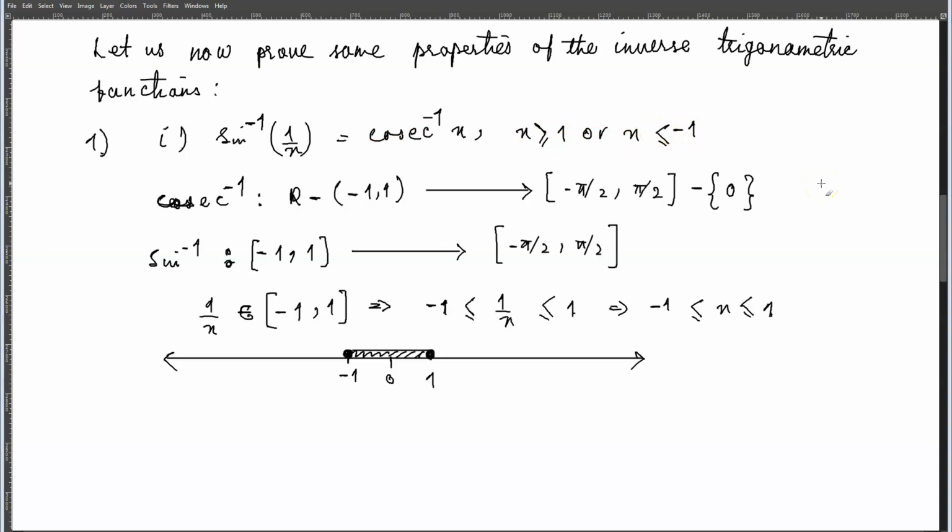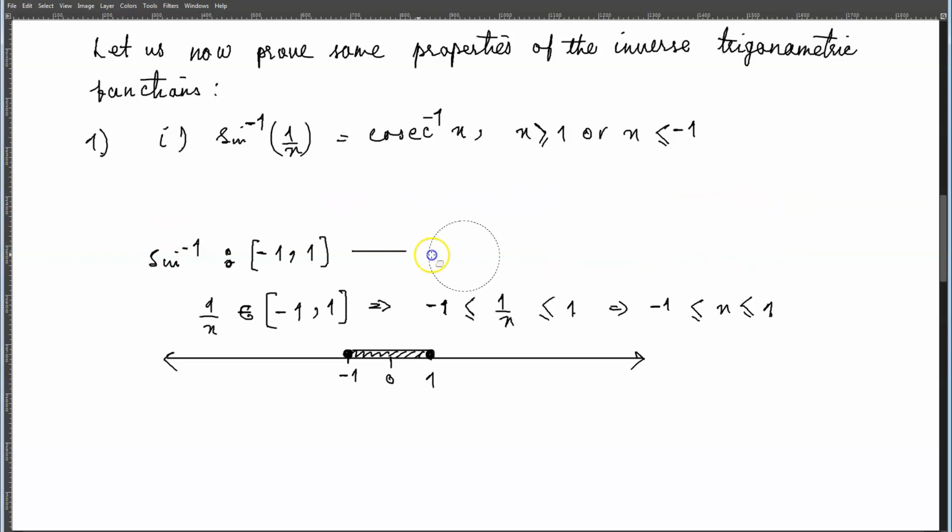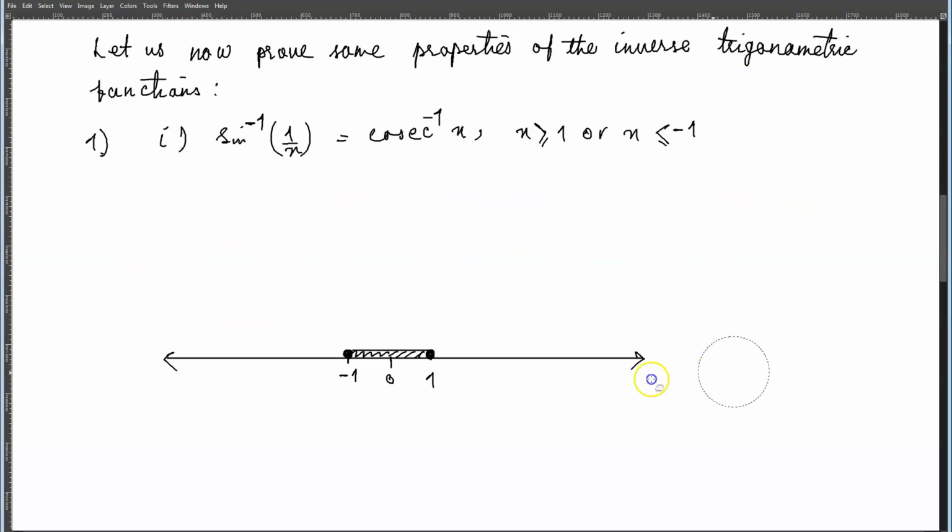Okay, so now there is one thing here that you need to take into consideration. If you try to understand, for example, the limitations on the domain of these functions, you will get into trouble, because you will get into a contradiction.